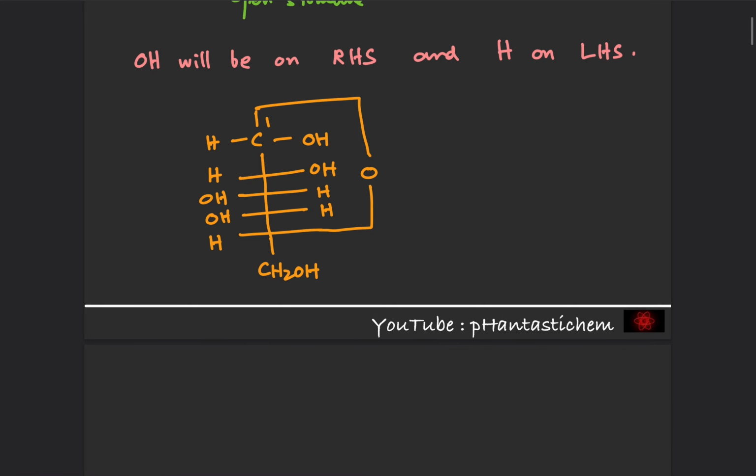So this is our first carbon, second, third, fourth, fifth, and sixth. Okay, so this is our alpha D galactose.